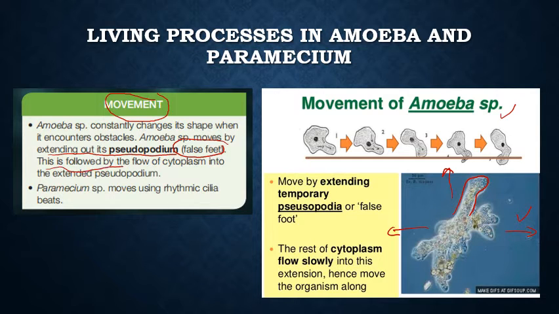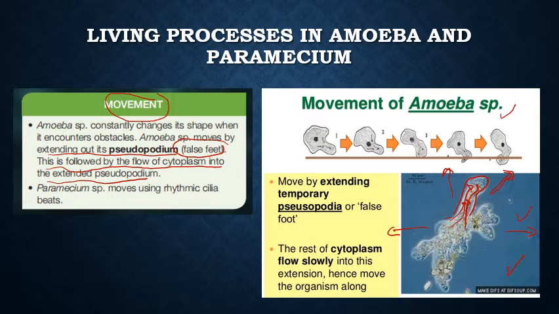When they extend the pseudopodium, this is followed by flow of cytoplasm into the extended pseudopodium. So the cytoplasm of the amoeba will flow into the extended pseudopodium, meaning that the movement of amoeba is that way, referring to this illustration.